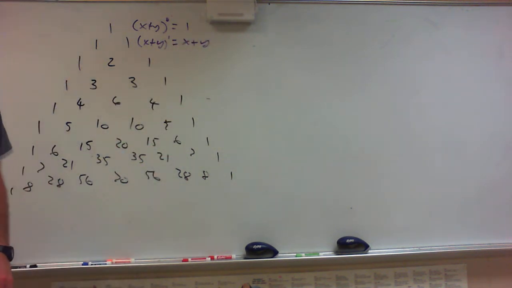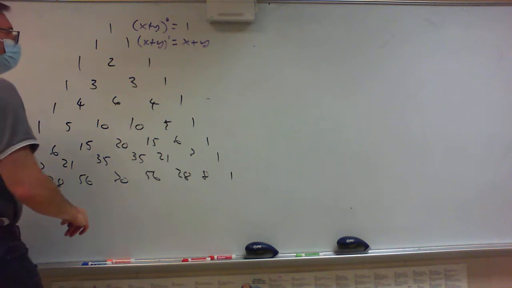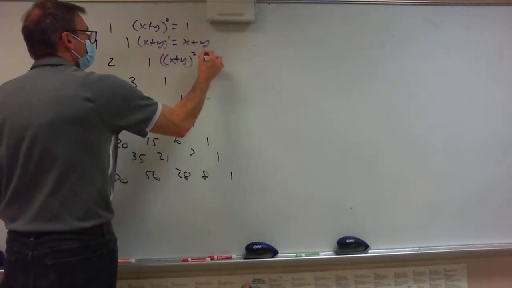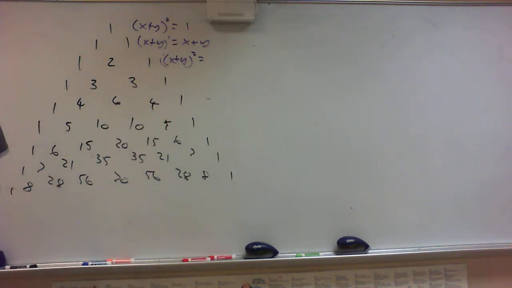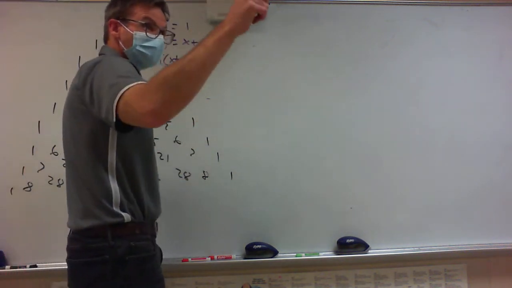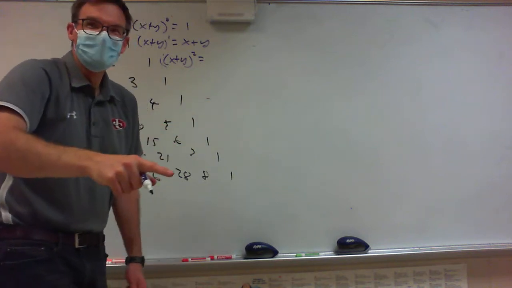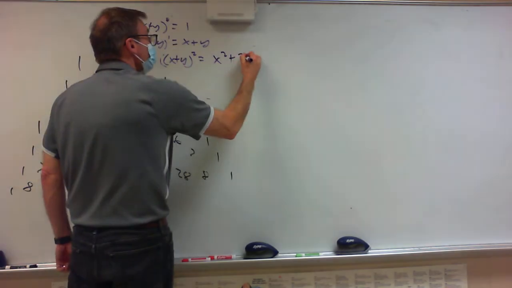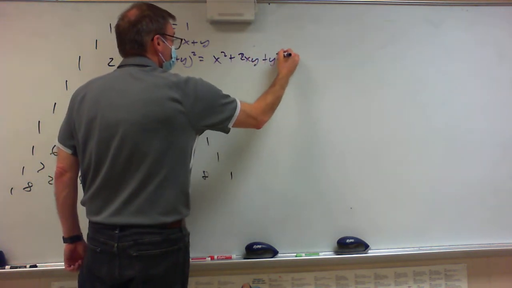But if I deal with x plus y squared, what's x plus y squared? It ends up being x squared plus 2xy plus y squared.